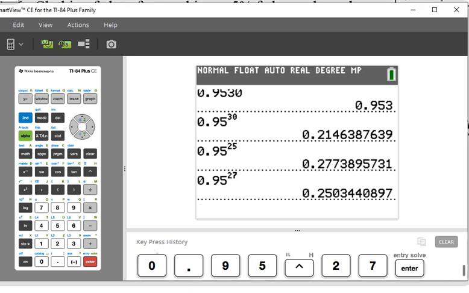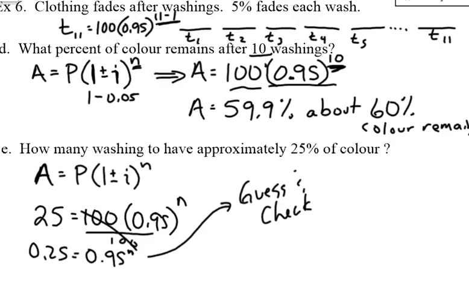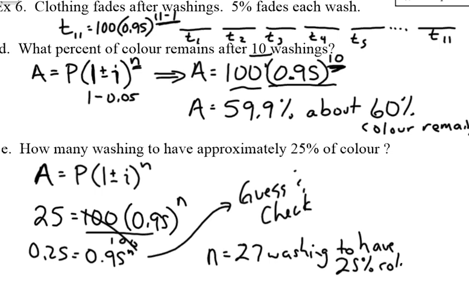So there we go. Guess and check to figure out exponents. N equals 27 washings to have 25% of the color remain. There we go.